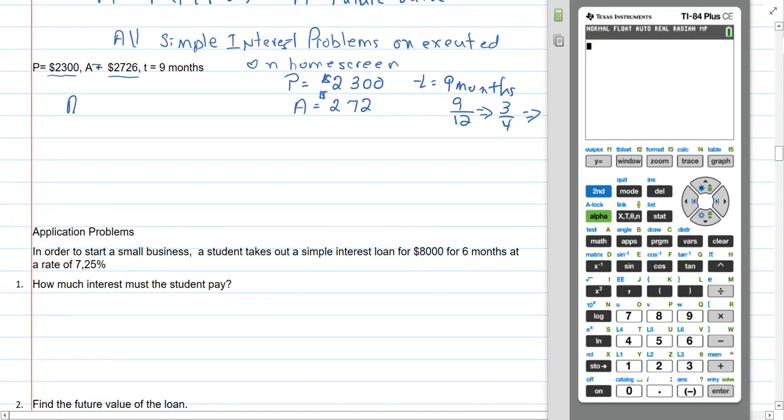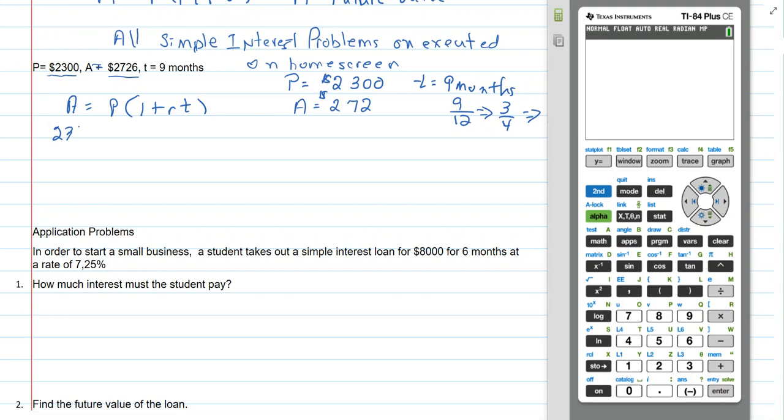So we know our formula is A equals P, parenthesis, 1 plus RT. We're going to put in what we know, 2726. I just noticed I didn't finish that. I apologize. 2726.